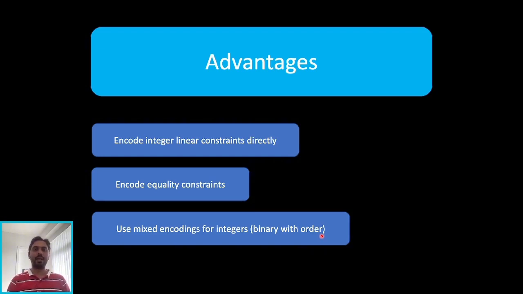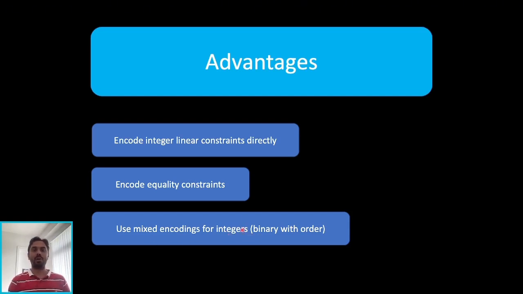But if we are looking at those intermediate variables as integer variables, then we also have an option to use binary encoding for them. So for example, if some of those intermediate variables have domains in between that get very large, in that case it is beneficial to switch from the order encoding to binary encoding. And that's what these people did, and they observed significant advantages whenever they used this mixed kind of encoding.